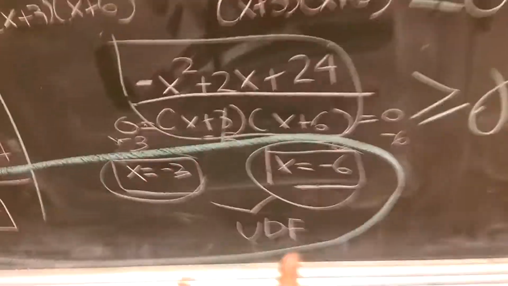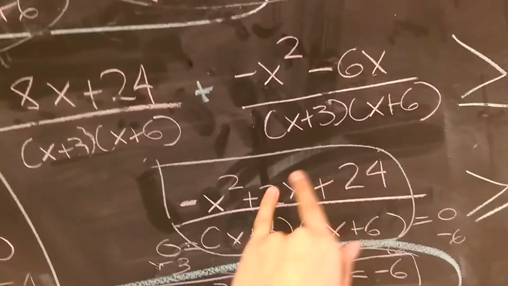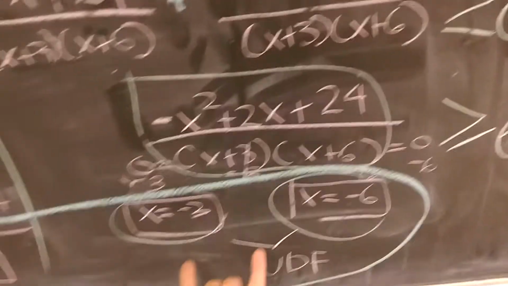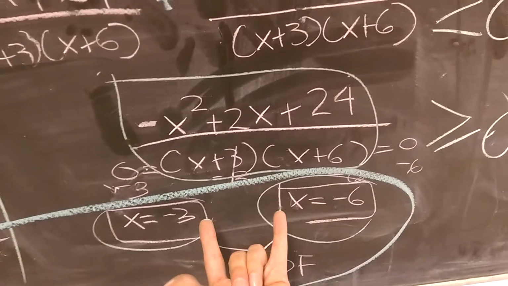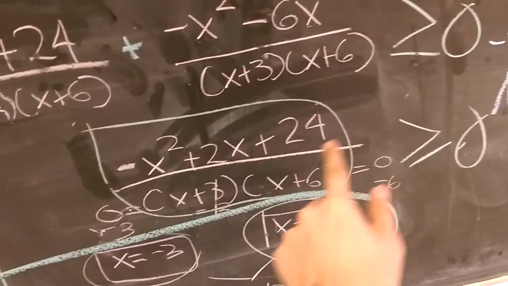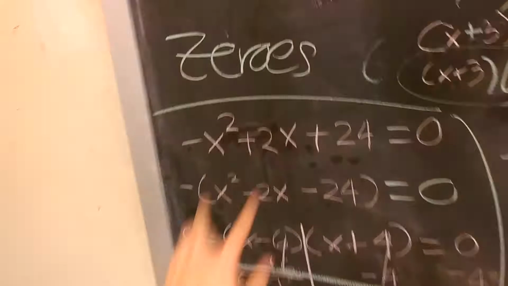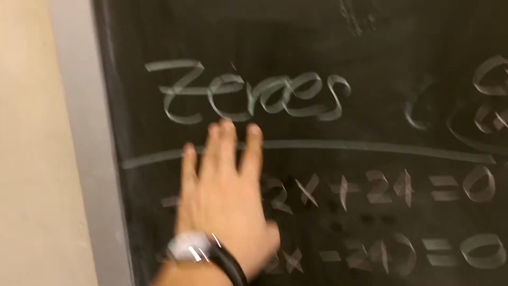To the flip side, once you do that with the undefineds, what about the numerator? Do we just leave the numerator and finish the problem with the undefineds? No, you need the undefineds, but you also need to take the numerators and find the zeros, okay? Follow me here.